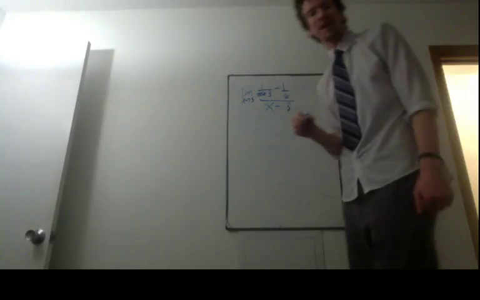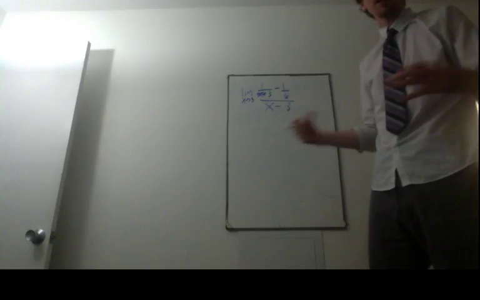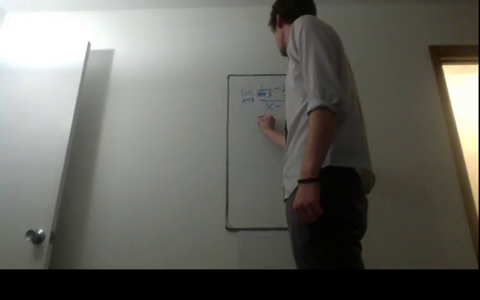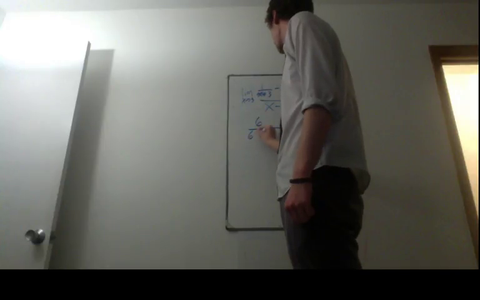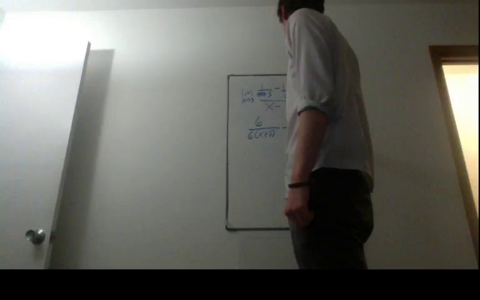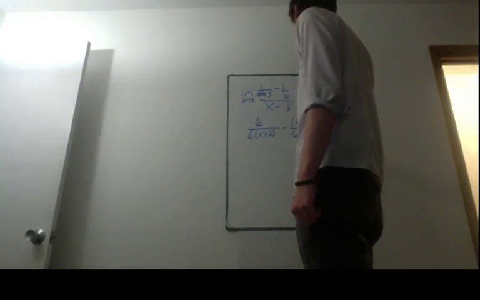So our common denominator is going to be 6 times x plus 3, because this one has a 6, this one has an x plus 3. Together, 6 times x plus 3. This one's missing a 6, so we end up with 6 over 6 times x plus 3 minus x plus 3 over 6 times x plus 3.